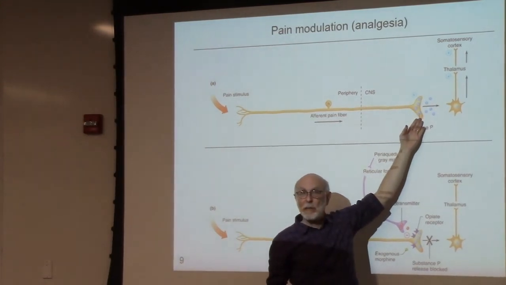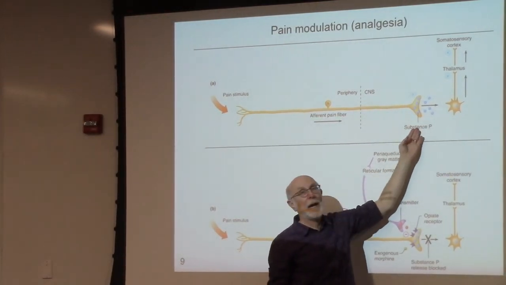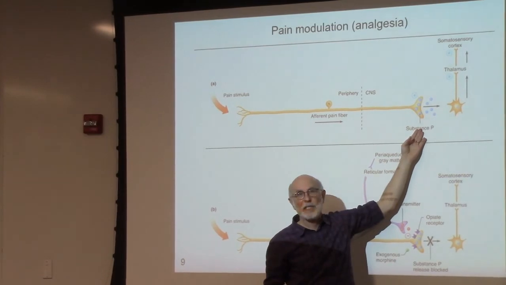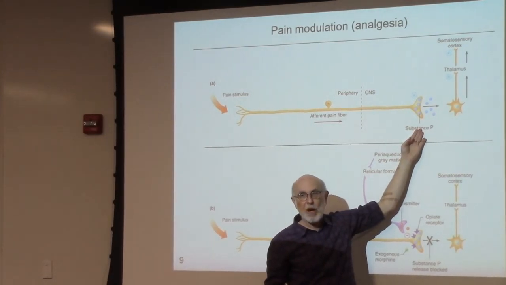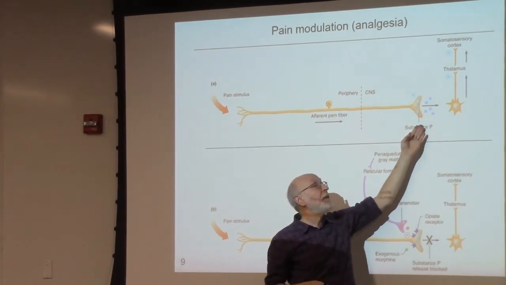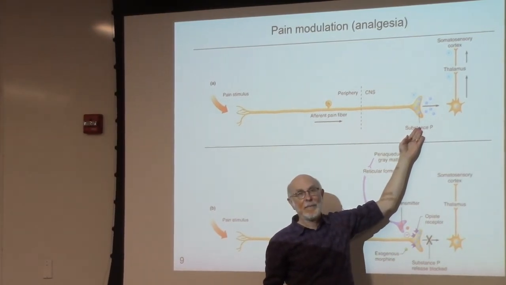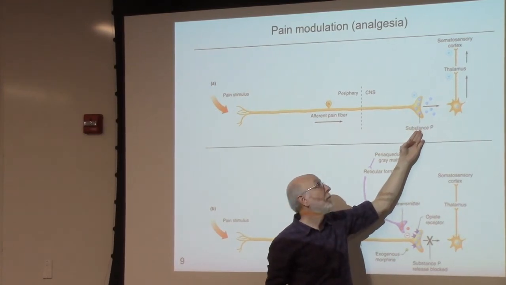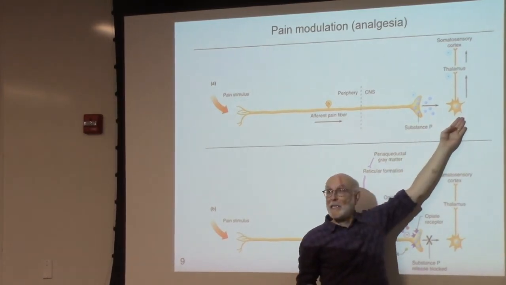Neurotransmitters are released. This slide is illustrating a peptide neurotransmitter called substance P. I haven't talked about it, but it's one of those protein neurotransmitters. Some of these neurons also release glutamate. It activates the secondary neuron.